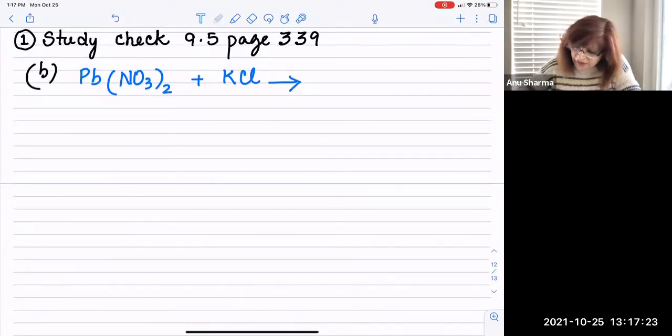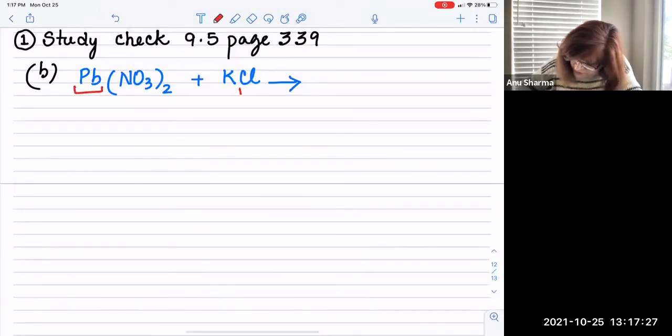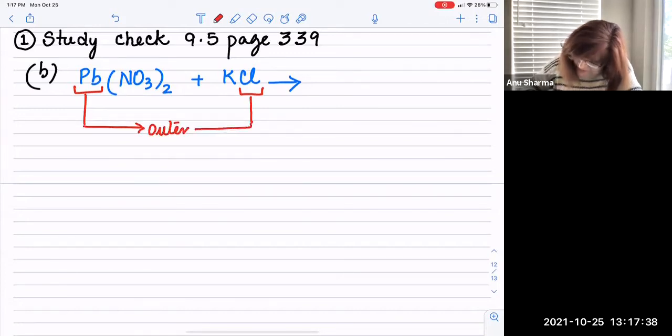Okay, so here, remember that outer, outer, inner, inner. We covered that in one of our previous lectures also. So the outer atoms are going to combine, and inner.